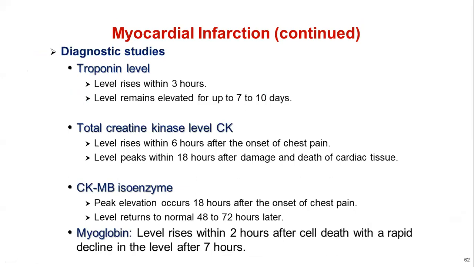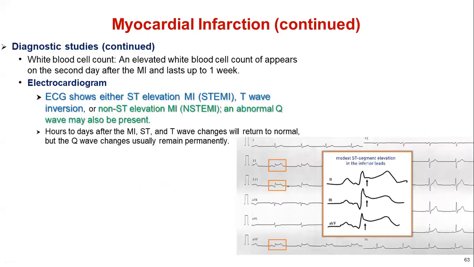And myoglobin in case of heart problem is elevated for 24 hours. And here, if you do the blood count, or WBC, we can see the white blood cell count will be elevated.